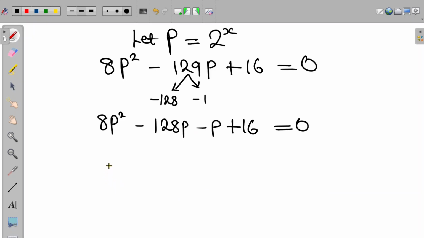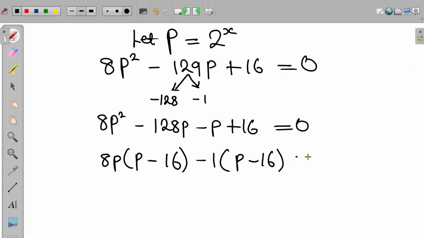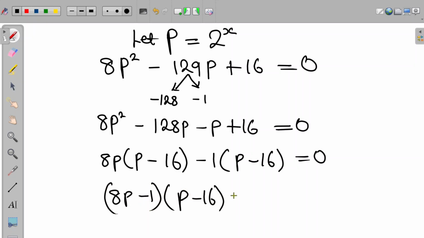So at this point, if we factorize, we have 8p, open bracket, p minus 16, minus 1, open bracket, p minus 16 is equal to 0. So at this point, we have it that 8p minus 1 multiplied by p minus 16 is equal to 0.